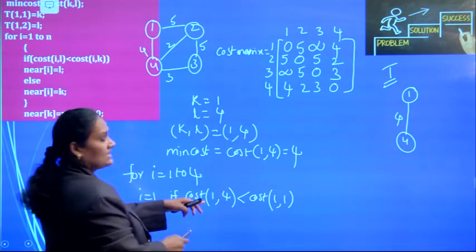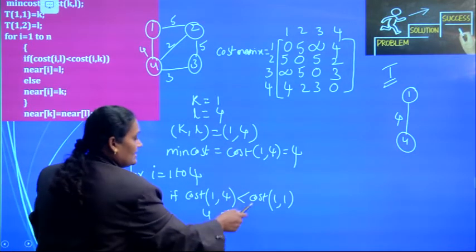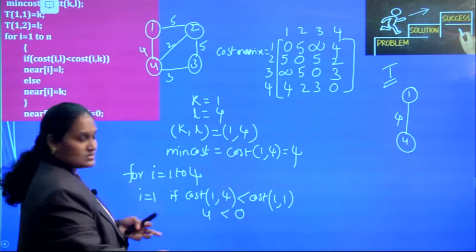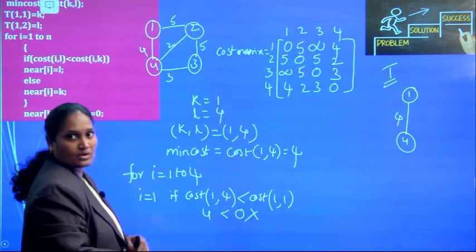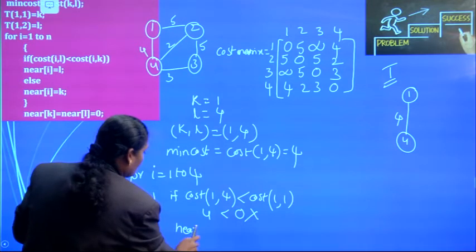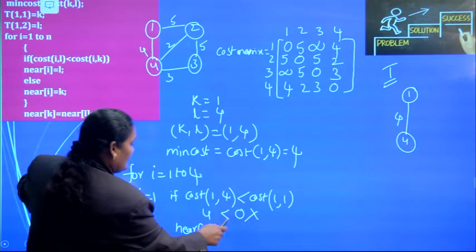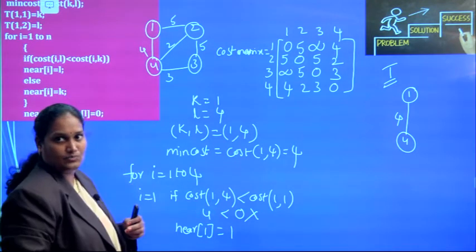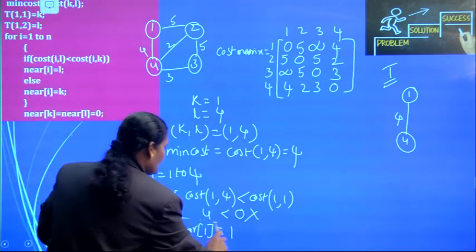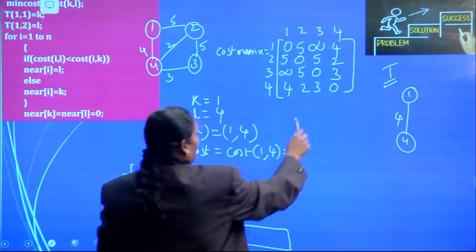Cost of 1 4 is 4, which is less than cost of 1 1, which is 0? Condition is wrong. Since the condition is wrong, near of 1 is equal to K. K is nothing but 1. Near of 1 is 1. Just remember this one. Later we are going to make this 0.